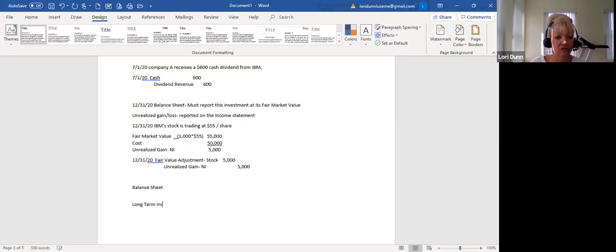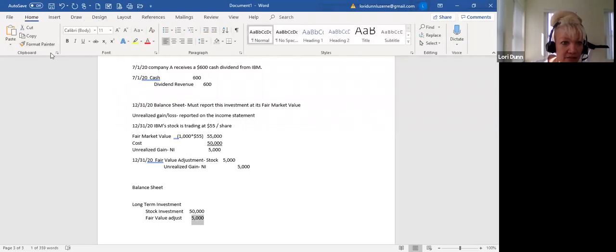So in their long-term investment section of their balance sheet, they will have stock investment, $50,000, plus the fair value adjustment account has a balance of $5,000 on the debit side, so it's added, and it will report then this stock investment at its fair market value.